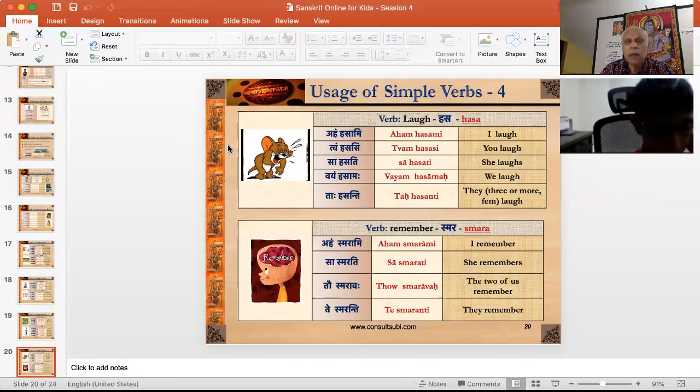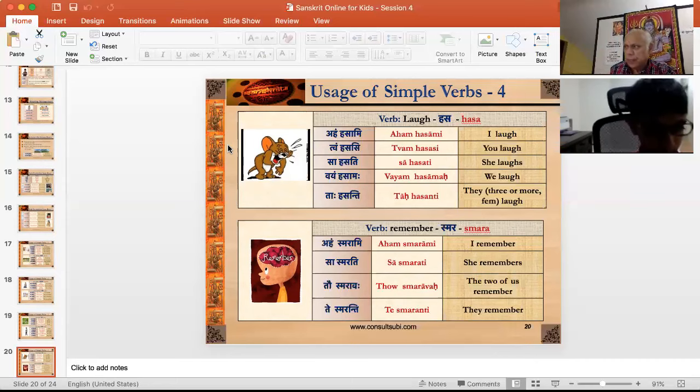Likewise, if you say remember, smara. I remember, aham smarami. She remembers, sa smarati. The 2 of us remember, tau smaravaha. And then lastly, te smaranti. They remember. So you have 4 different words, 4 different usage of simple verbs.